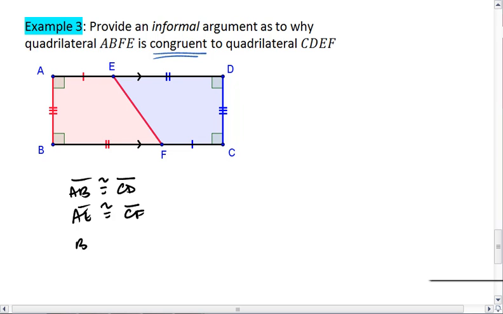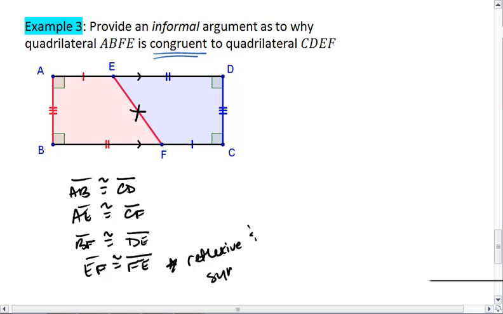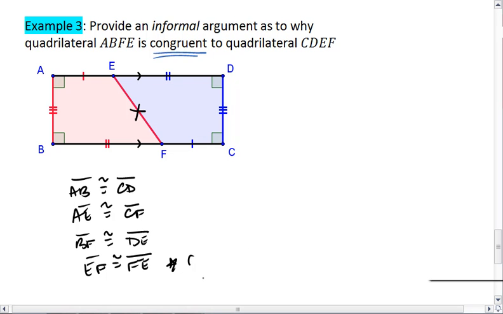We also have BF congruent to DE. And lastly, I know that EF is congruent to FE, and this is by the reflexive and symmetric properties. Actually, you can just write reflexive, because that's really all it is.